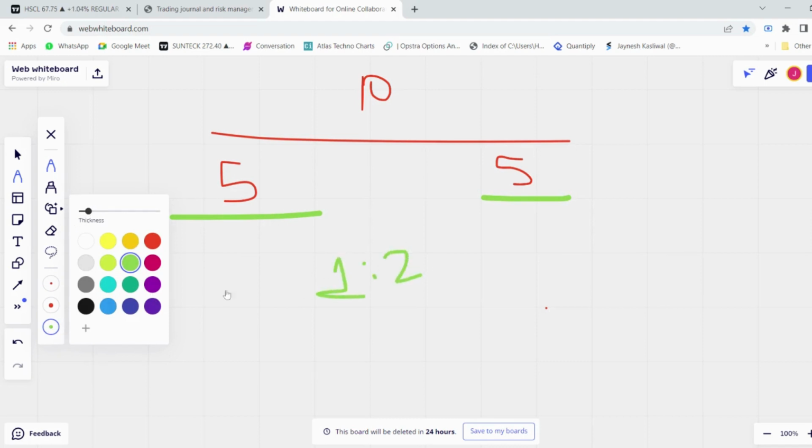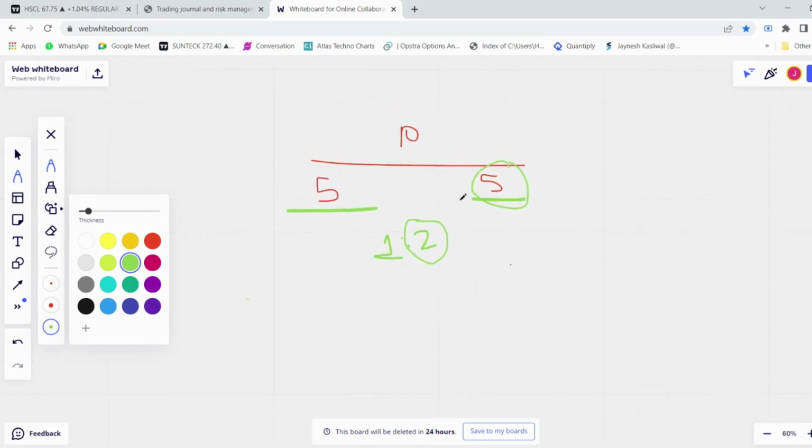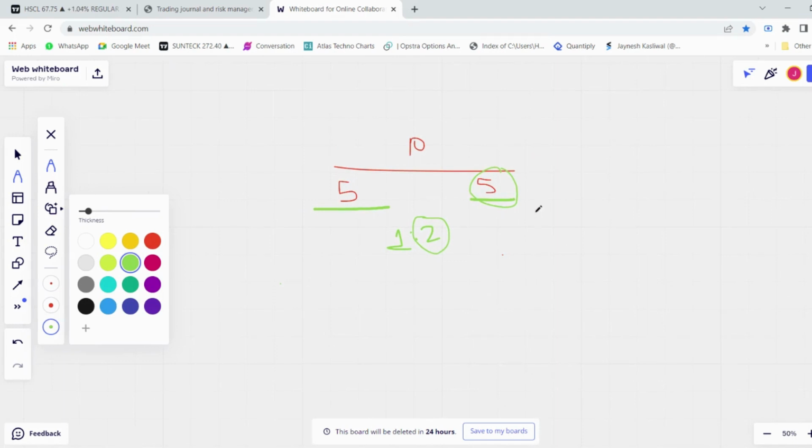How is that possible? I'll just show you in simple mathematics. Whenever we are going to make money, we are going to make 2 rupees, and whenever we are going to lose money, we are going to lose 1 rupee on this side, right? So this is risk to reward ratio plus win ratio.